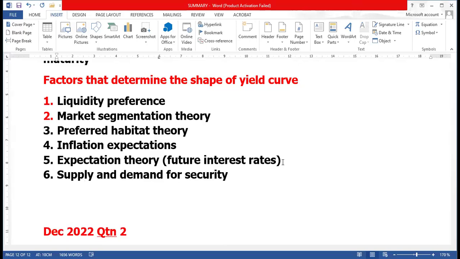You increase the price. So the price is going to increase, and along the way you find that the returns, the yields, are not going to be the same. That lowers the yields on this security.